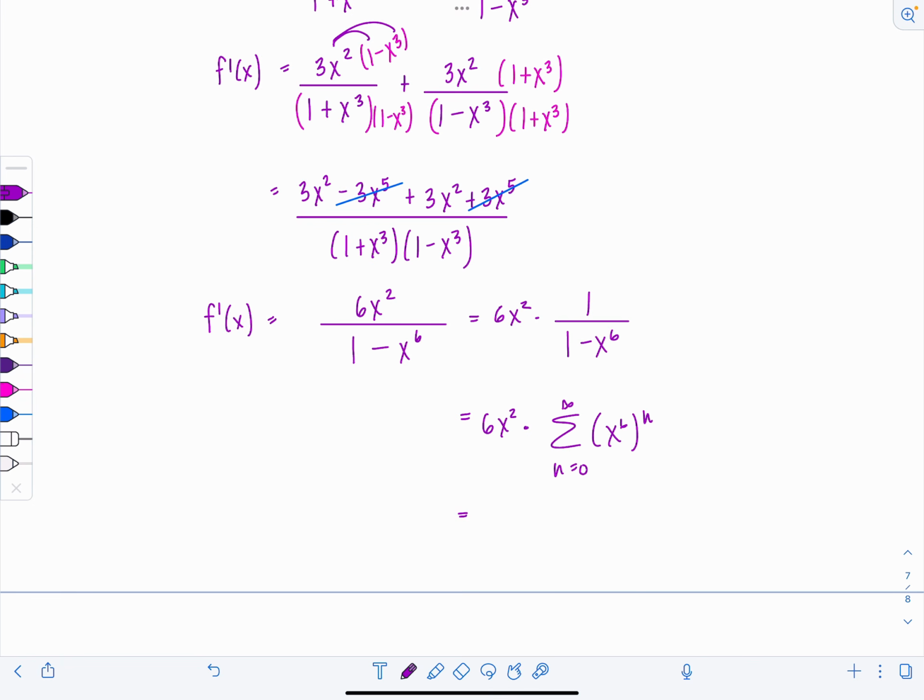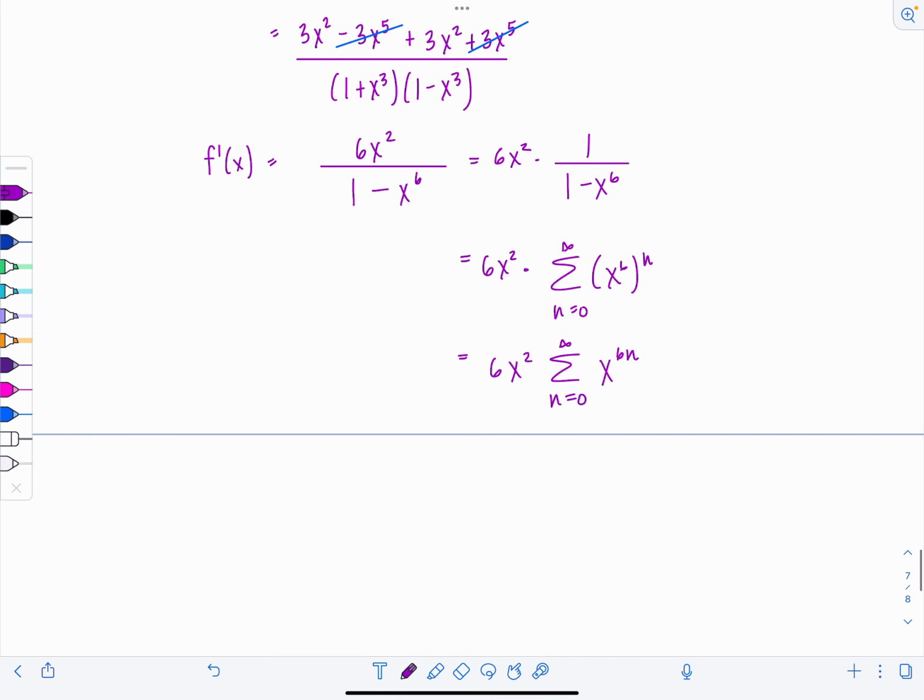Oh, and then this is 6x squared times the sum, n equals 0 to infinity, x to the 6n. And then we're almost done. This is 6 times the sum, n equals 0 to infinity, x to the, I want you to combine these right now, 6n plus 2, right? Good. And this is all the power series for f prime of x.